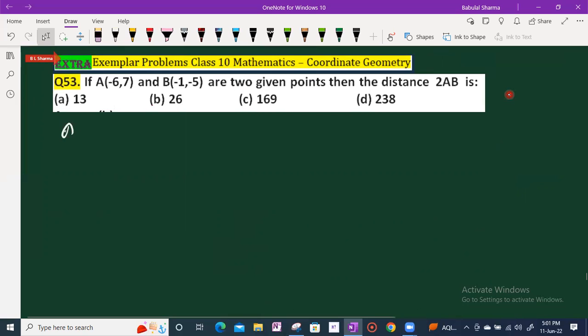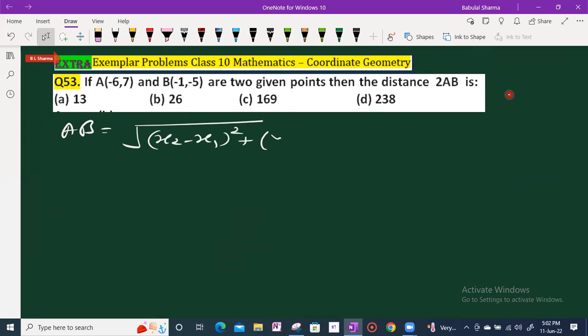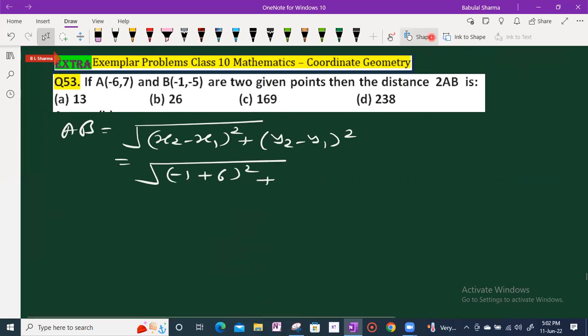So distance AB is given by the distance formula: x2 minus x1 whole square plus y2 minus y1 whole square, that is -1 plus 6 whole square. Say x2 minus x1 whole square, and y2 is -5, y1 is 7.